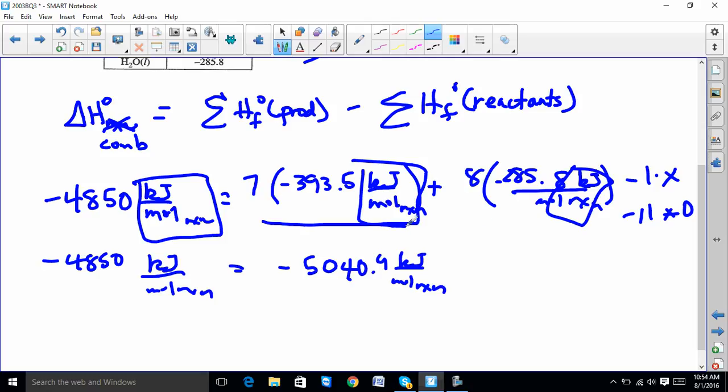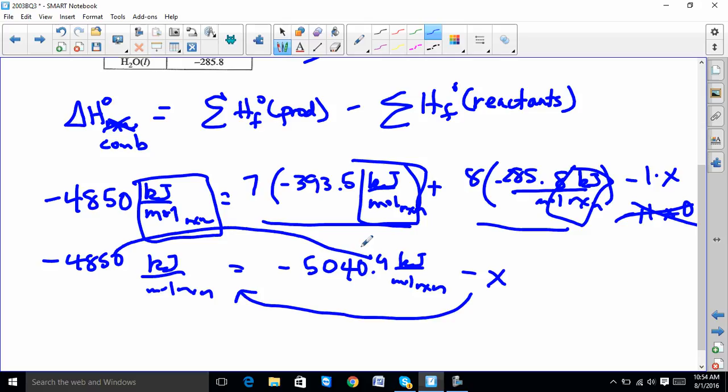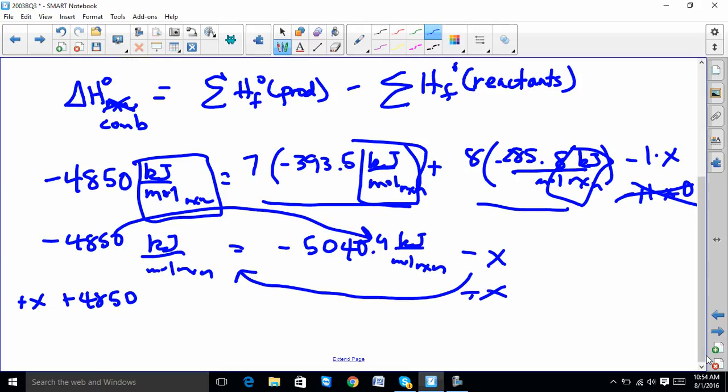Okay, I just did this and added them together, minus X, and then this is gone. And so what's going to happen is I'm going to bring the X over here, and then I'm going to bring this over here. So you're going to add X to both sides, and then you're going to add 4,850 kilojoules per mole to both sides.